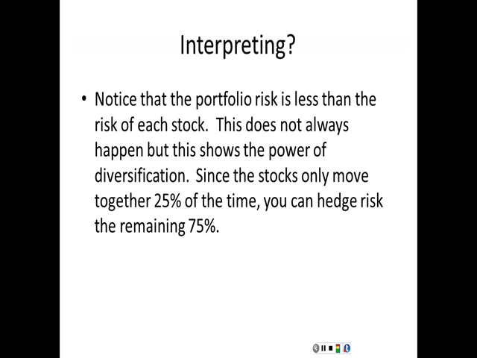And back on the correlation idea here, as you read through this slide, the correlation was 25%. So that meant the other 75% of the time, these stocks are doing their own thing. That's where you get diversification. The part of the time they're not acting alike.